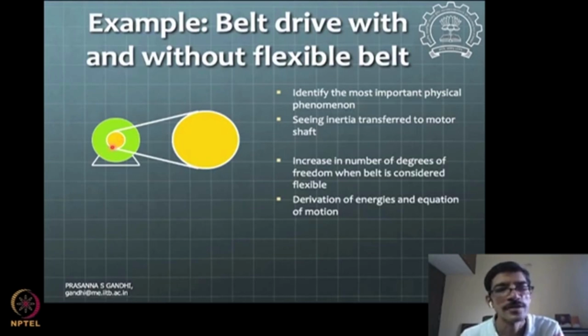So half J equivalent, which is equal to Jm plus Jl by n square, times theta m dot square, gives the kinetic energy expression.